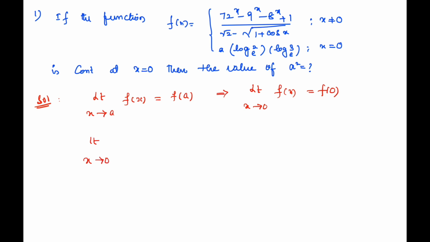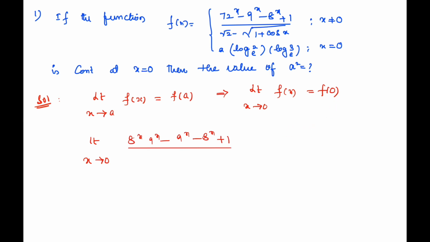Limit x tends to 0. Here 72 is 8 nines, so you can split that 72 as 8 power x into 9 power x, minus 9 power x minus 8 power x plus 1, divided by the denominator. In limits, whenever we see terms of the form root a minus root b, generally we rationalize. So here I am going to use rationalization.